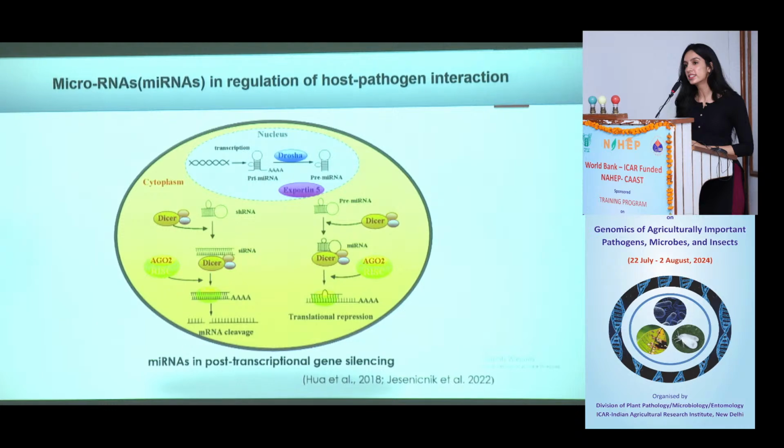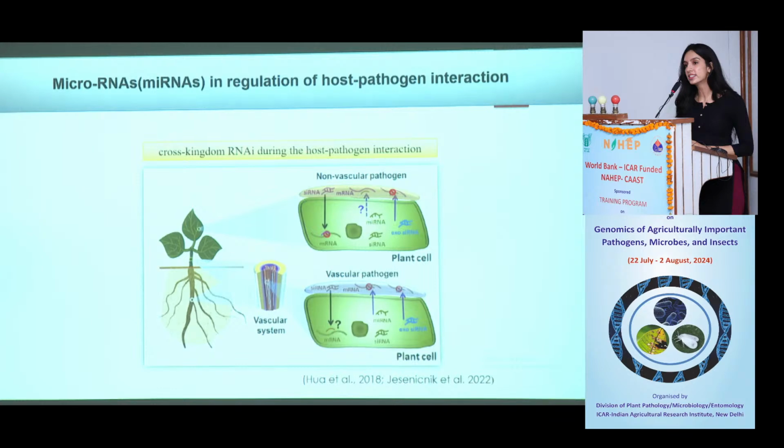From there, they are again acted on by the dicer enzyme, and they act for post-transcriptional gene silencing or the repression of protein synthesis. So in both ways, siRNAs plus miRNAs act in post-transcriptional gene silencing. siRNAs are exogenously synthesized, however miRNAs are endogenously synthesized.